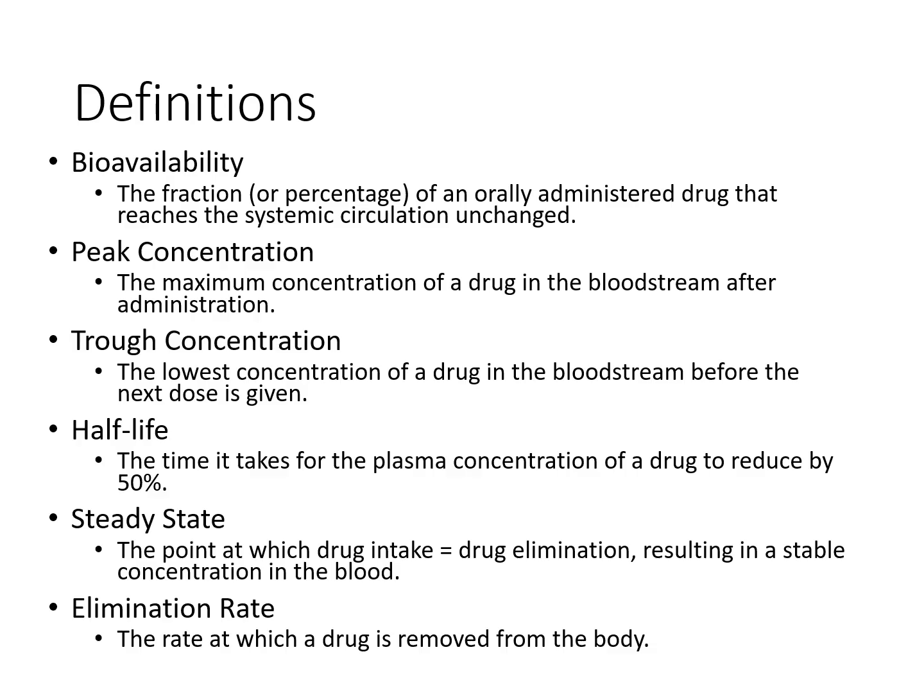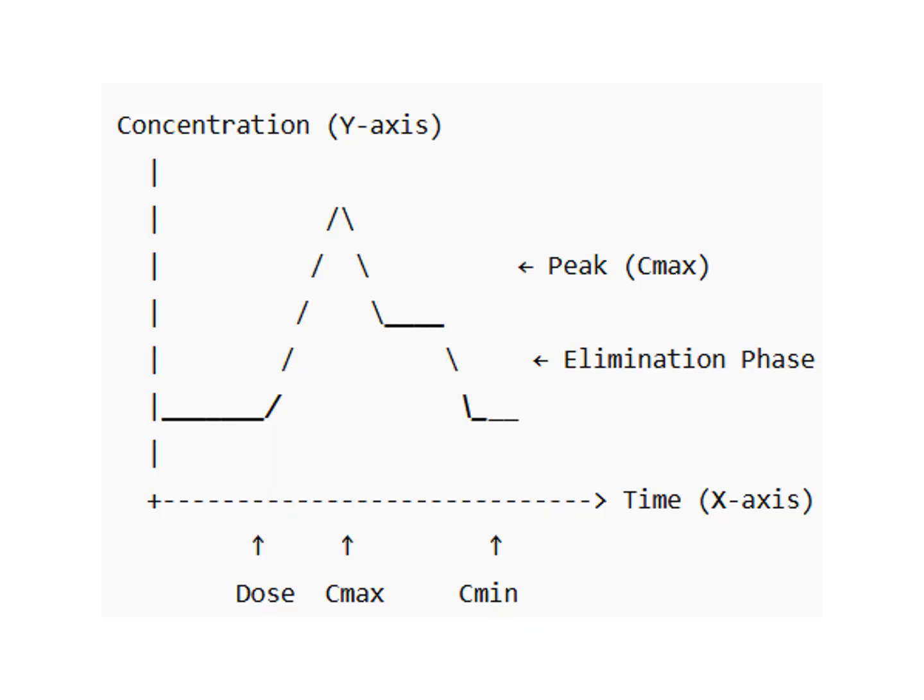The definition is the rate at which a drug is removed from the body. So it usually follows first-order kinetics, where a constant percentage is eliminated per unit time. The zero-order kinetics is a constant amount of elimination, phenytoin and alcohol. This is just a graph that kind of shows you those definitions instead of just words.